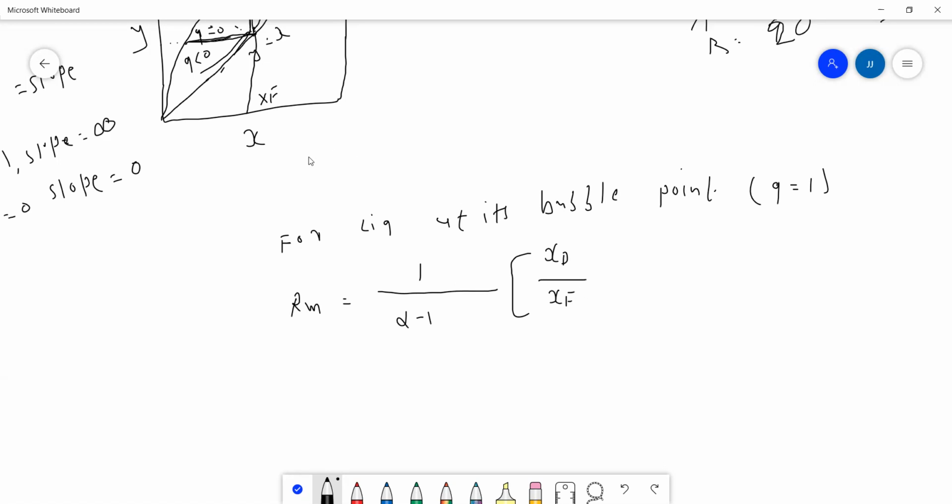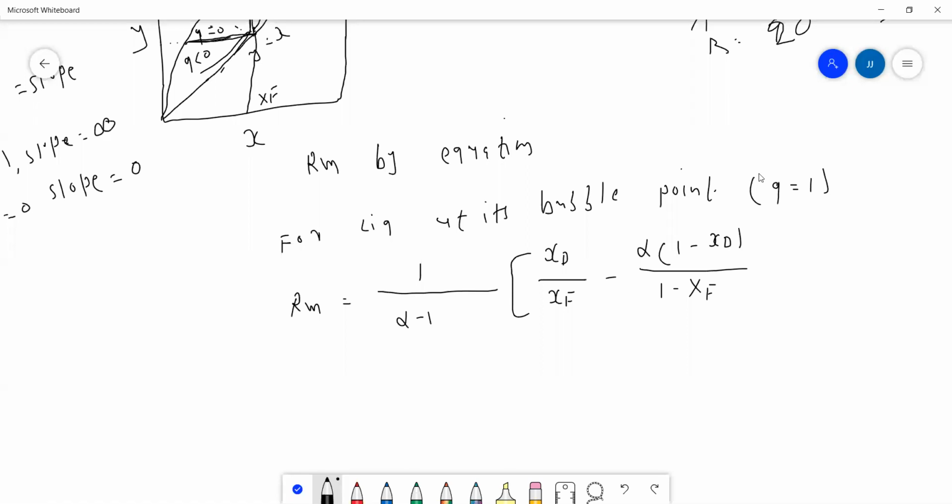and this is RM, the minimum reflux ratio by equation, minus alpha into 1 minus xD divided by 1 minus xF.